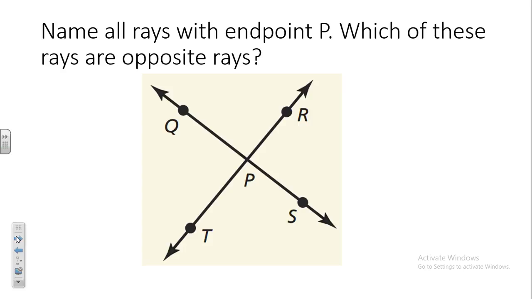Name all the rays with endpoint P, and then which of these rays are opposite rays? So first of all, does anybody notice the absence of a point at P? Our book sometimes gets lazy and doesn't put a point there.